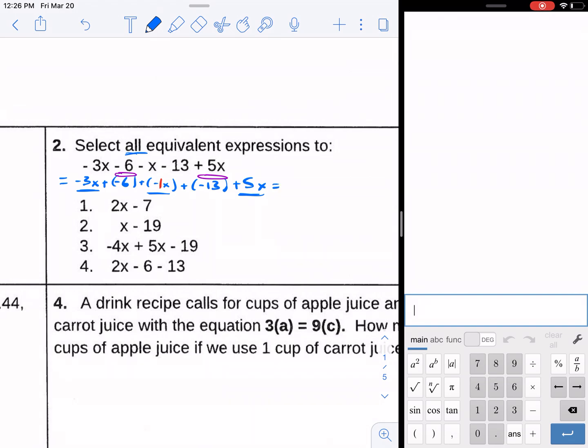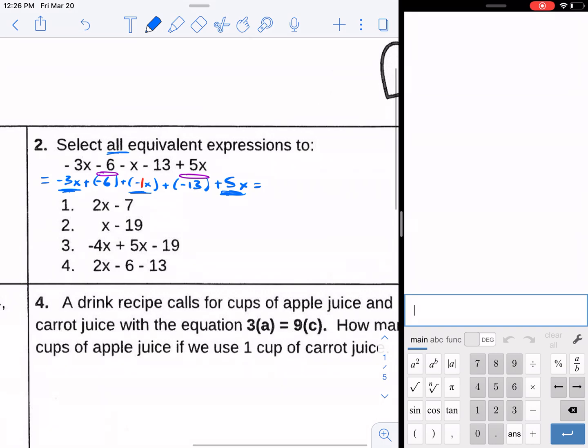If I combine the negative 3x, the negative 1x, that's negative 4x, and negative 4x plus 5x, that is positive 1x. Again, if you don't know what I just did, I did a negative 3 with the x, plus negative 1, and then plus 5, that gives me 1, so 1x.